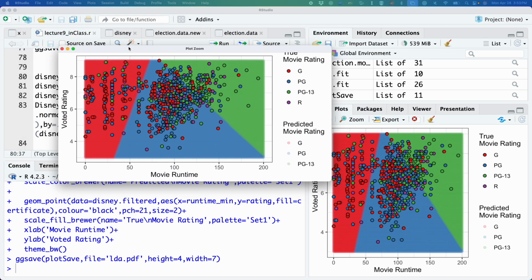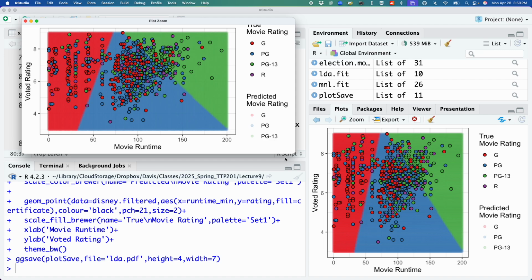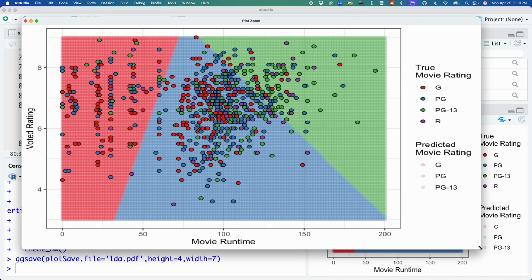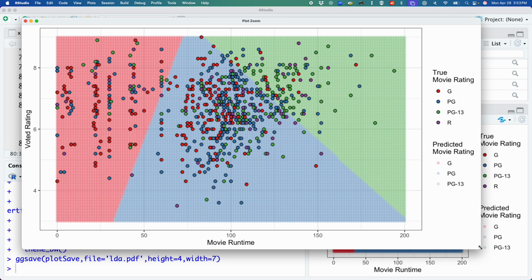And why is that? Yeah, I'm going to scale everything to be basically 0 to 1, or at least on the same scale.